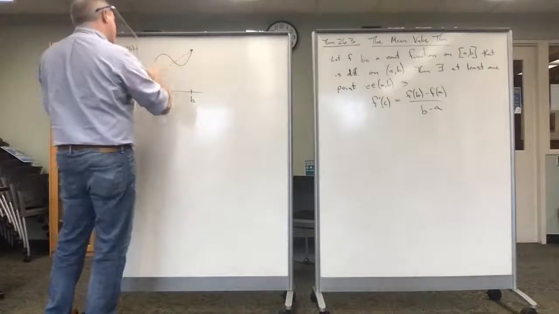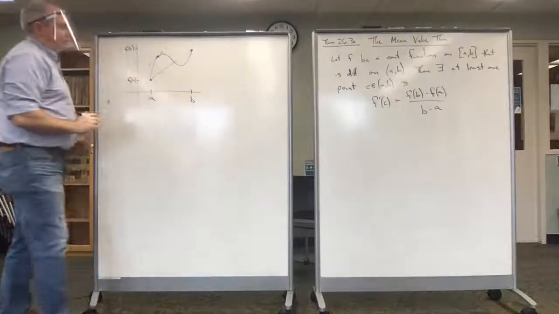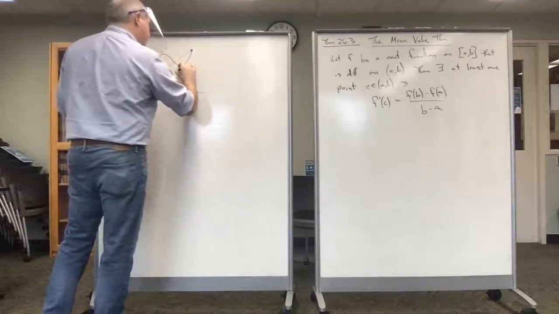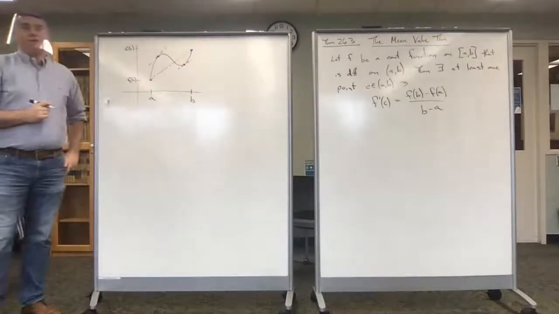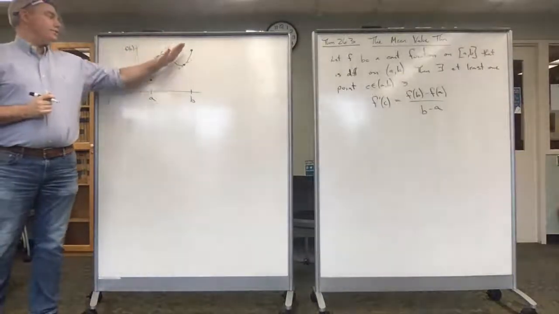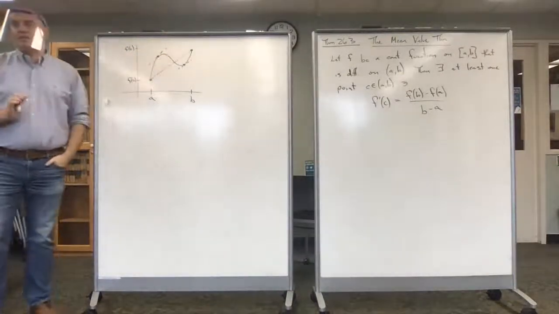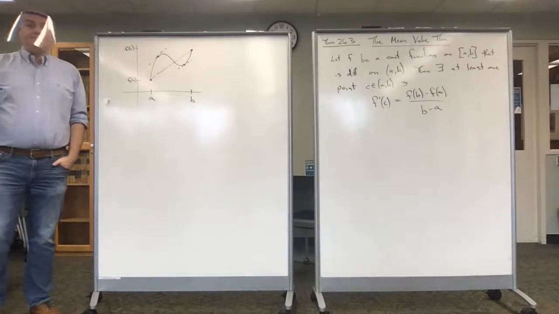And I think if we're looking at this one, there's probably like 2 places, like somewhere in here and somewhere around there, where the slope of the curve is equal to the slope of that secant line. And that's what the mean value theorem says, okay?